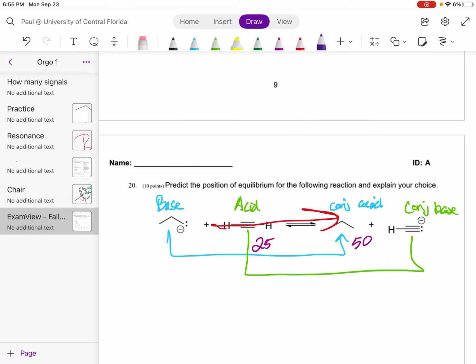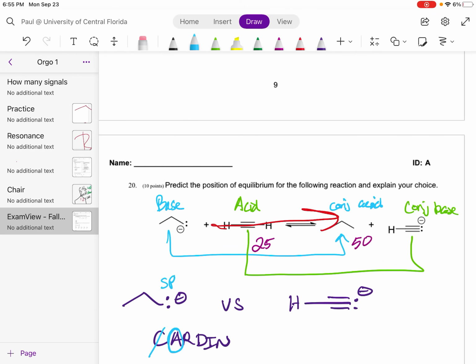And so if we compare the stability of our bases, like this, and if we go through the cardinal rule, we can see that both bases have a charge. Both charged species have it on a carbon atom. But here's the cool thing, yes, they're both carbon, but they are different hybridization states.